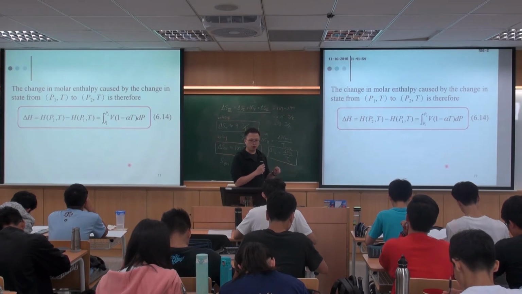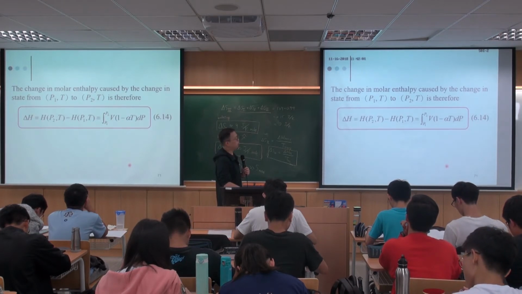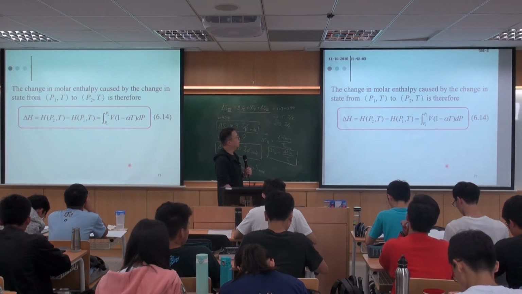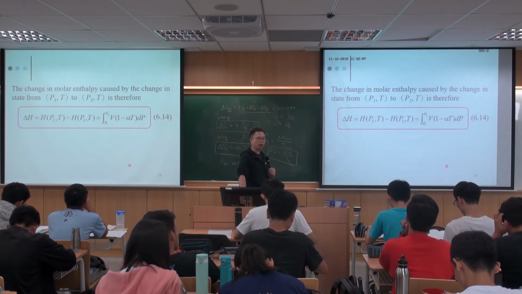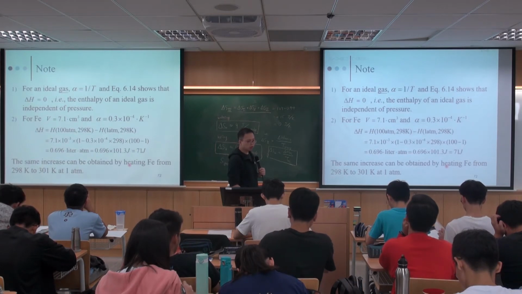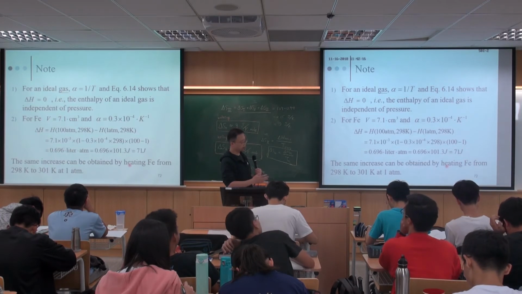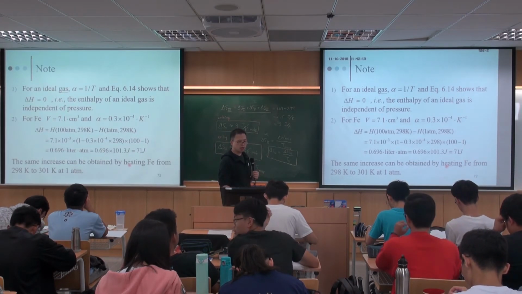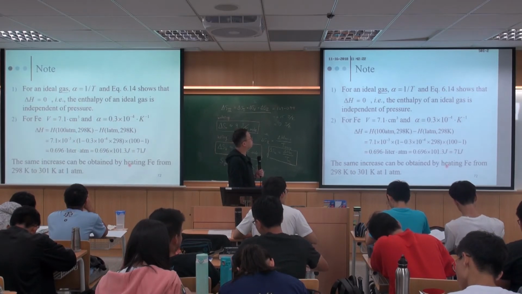If you still remember, for an ideal gas, alpha is 1 over T. Therefore, for the ideal gas, this term will be 0. So there's no change in enthalpy when you change the pressure. For an ideal gas, this expansion coefficient alpha is 1 over T. Therefore, there's no delta H.